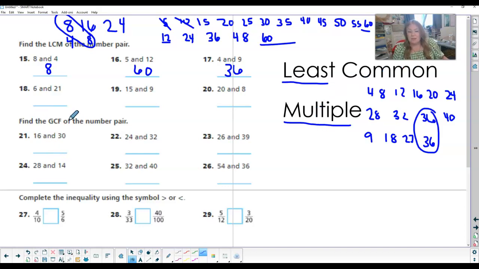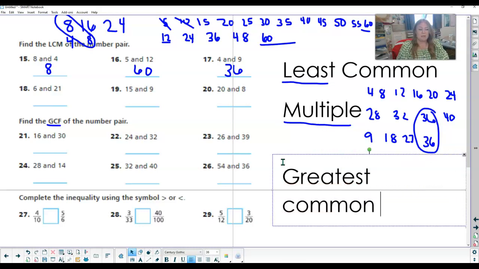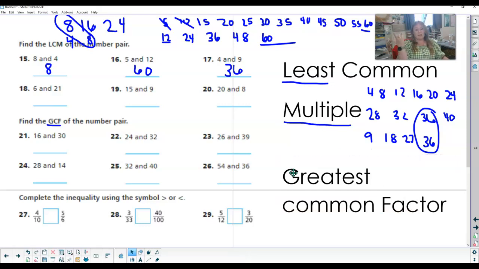So when you've done that, we're going to move on to GCF. A GCF is the exact opposite. It is the greatest common factor. So this time we're looking for the biggest number they have in common, but factors are going to be fewer than the number.